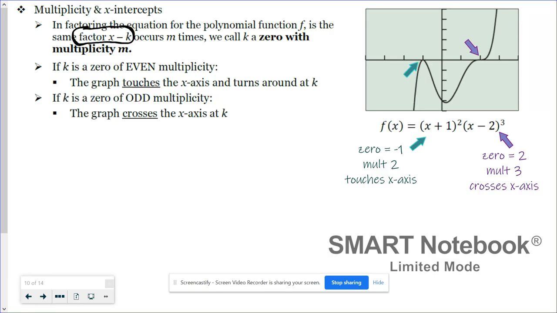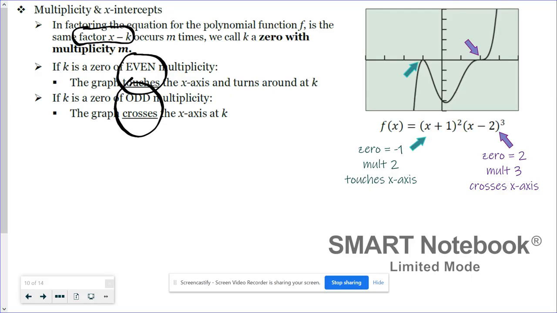Now the exponent of that factor is called multiplicity, and that multiplicity tells us what exactly is happening at that x-intercept. If it's an even multiplicity, the graph is touching the x-axis and bouncing off. And if it's an odd multiplicity, then it's crossing the x-axis.